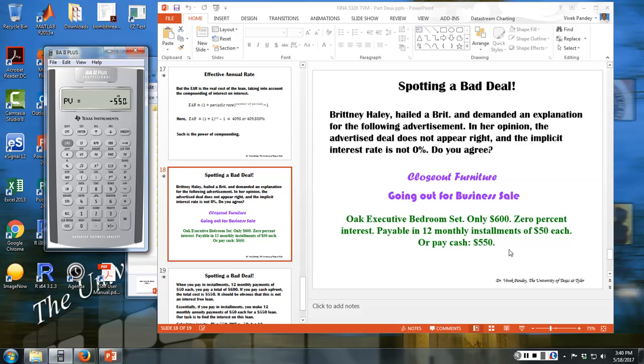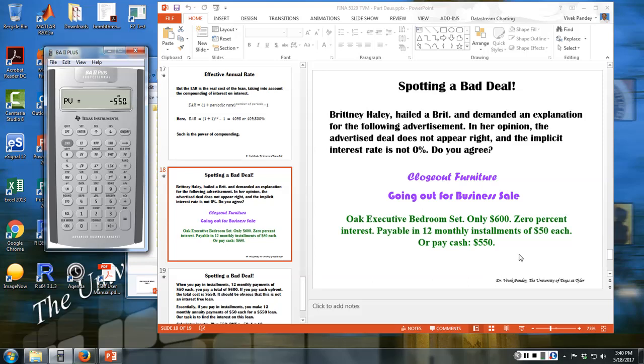So taking the bedroom set home, which is worth $550, means you get something worth $550 now, and you have to pay $50 every month for the next 12 months. From your perspective, the $50 would be a cash outflow, a negative cash flow, and the $550 will be positive because you're taking this bedroom set home. It's a positive cash flow.